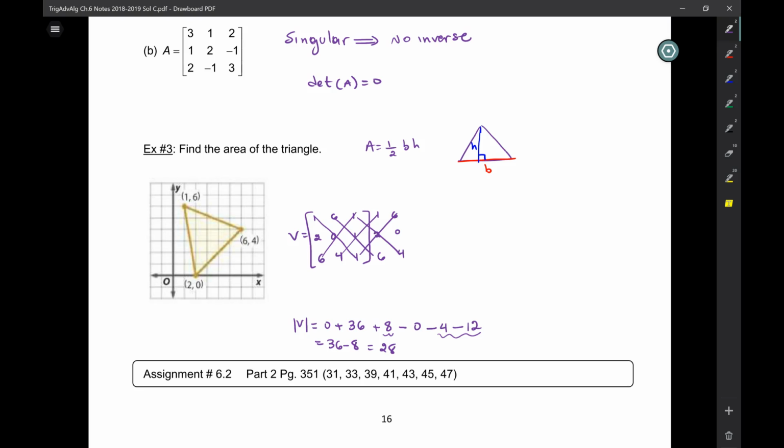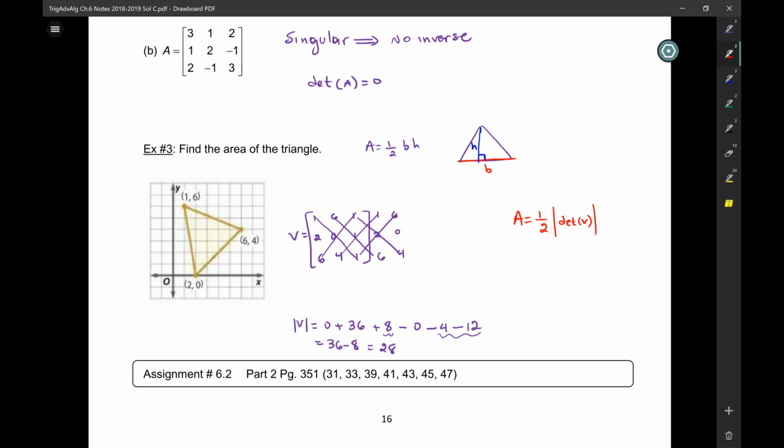Suppose you had put in your vertices in a different order. The only difference that would have made is possibly you would have gotten negative 28 for the determinant. Now this is the determinant. This is not the area of this triangle. The area of this triangle is going to be half of the absolute value of the determinant of V. So it doesn't matter if you put it in a different order.